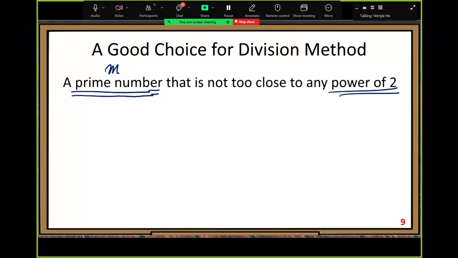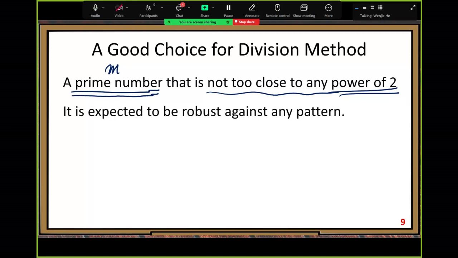So we don't want that prime number very close to a power of 2, because we don't want to map keys to a small range. So it is expected to be robust against any pattern.